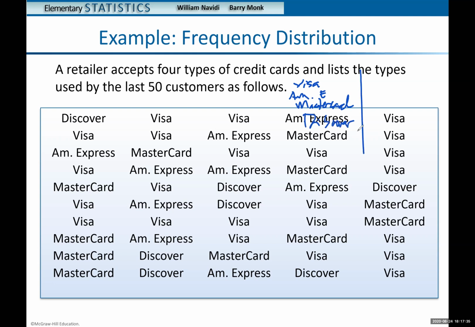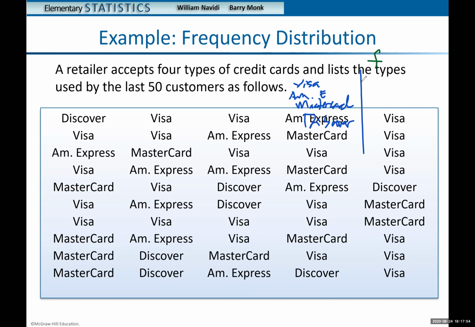So what you usually do is count the number of Visa cards, count the number of American Express cards, count the number of MasterCards, and the Discover cards. So that's going to be your frequency F. The frequency is the number of each card.